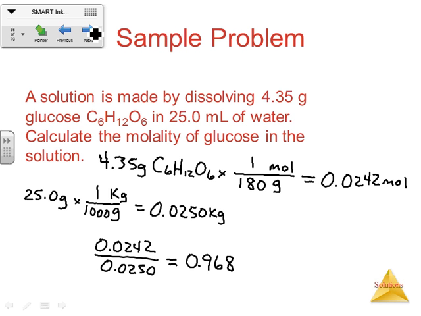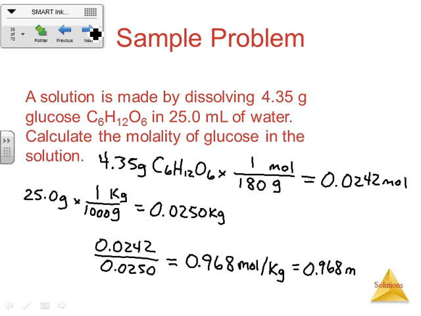And what are the units here? Moles per kilogram. Now, there's two ways you might see this unit written. Just like molarity can be written as moles per liter or as big M, the other way that you could see this written is 0.968 little m, and they usually put it in italics.